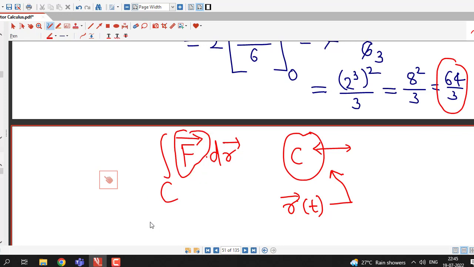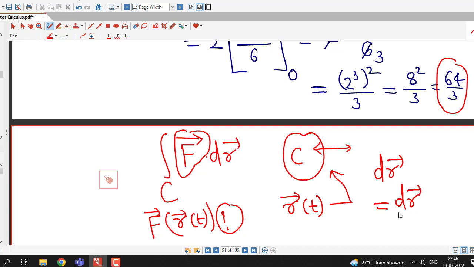So then we decide what is our vector function at r bar t, so that we obtain, and here dr bar can be written as the derivative of r with respect to t times dt.